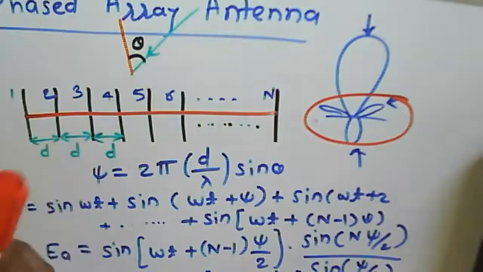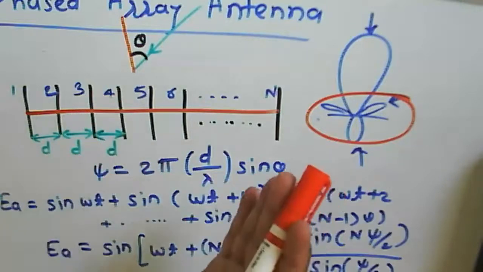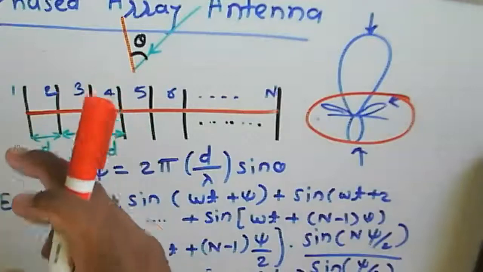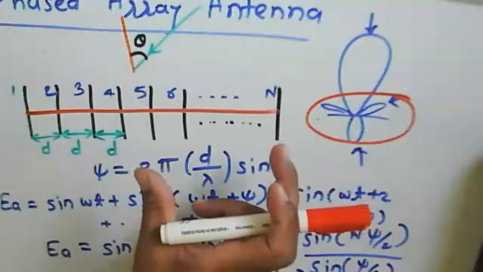So generally we consider that an isotropic element is to be used. That is a theoretical term, but practically an isotropic antenna is not possible. So we consider that an isotropic element is nothing but a similar element in the array antenna.